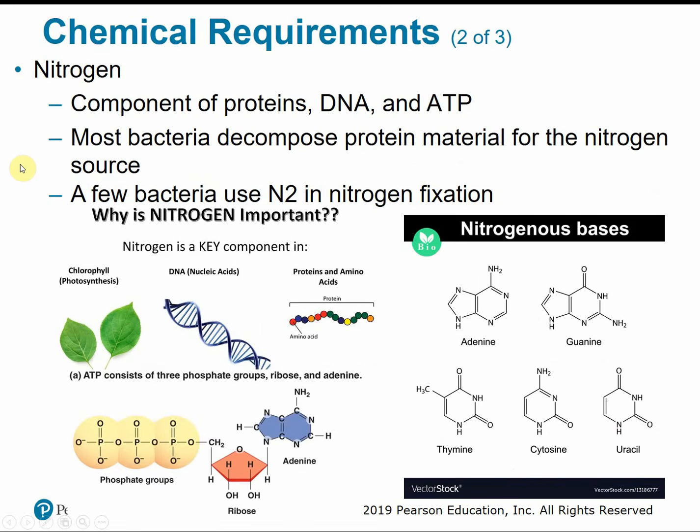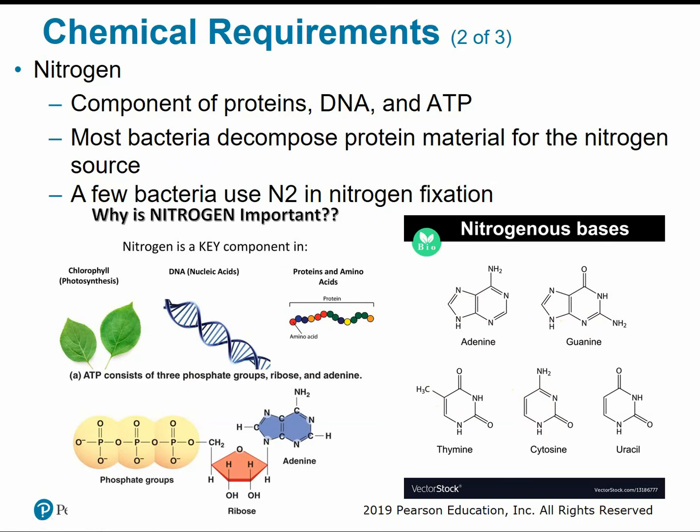Nitrogen is an important chemical requirement for proteins, DNA, and ATP. Some bacteria use nitrogen for nitrogen fixation in their metabolism. All of the bases, the letters in DNA, the A, T, C, G, are sometimes referred to as the nitrogenous bases because they contain nitrogen. So nitrogen is a vital component in DNA.